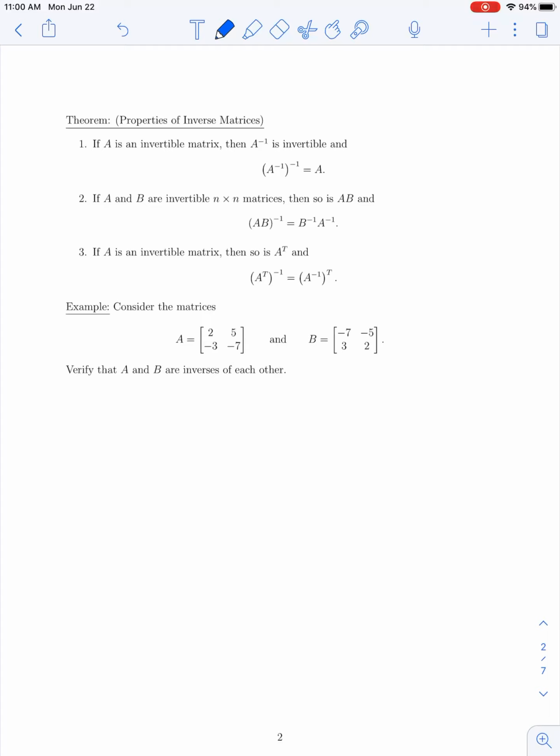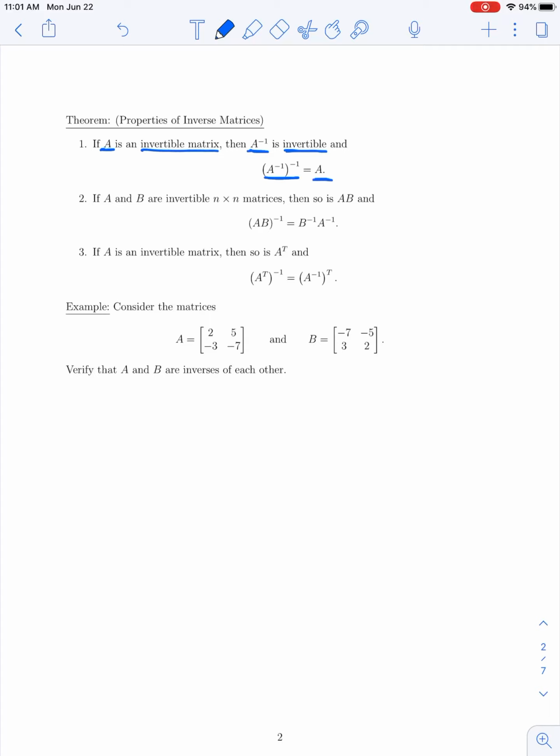Property number one is if A is an invertible matrix, then A inverse is also invertible, and the inverse of the inverse is the original matrix. If I'm able to find an inverse of a given matrix, that means the product of them in either order gives me back the identity. So it follows immediately that if we have an inverse matrix, it must also be invertible, because if I were to multiply it by the original matrix, I'm guaranteed to get back the identity.